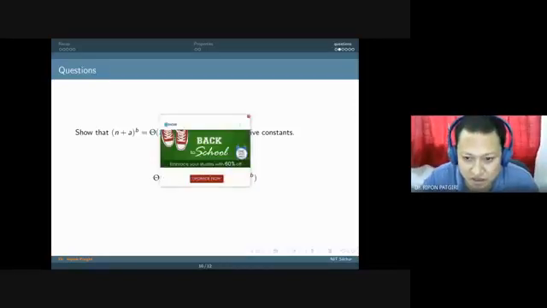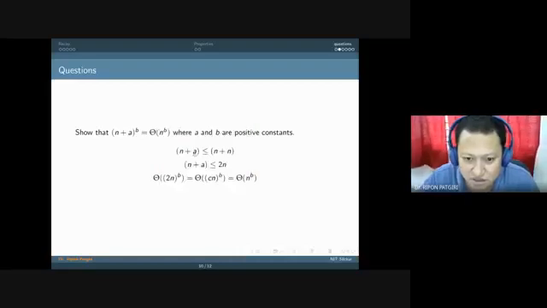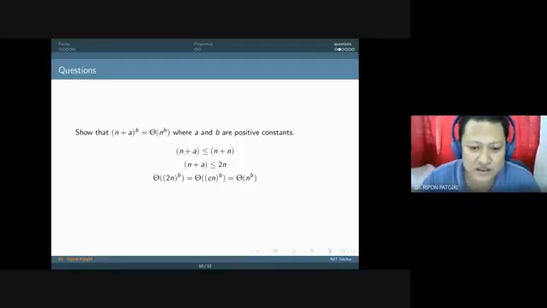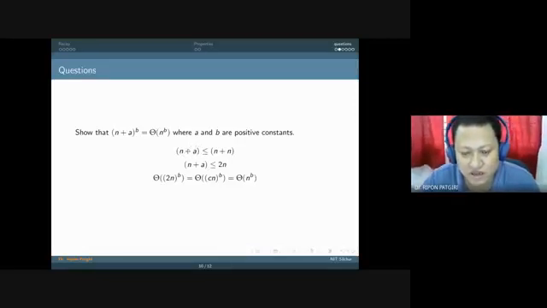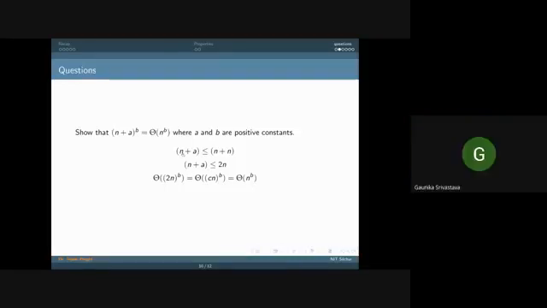See here, a is much larger than n, but it cannot be as large as n, because n can go up to uncountable input size, but a cannot, because we don't know about that n. Am I clear? Yes, sir. Any more question?